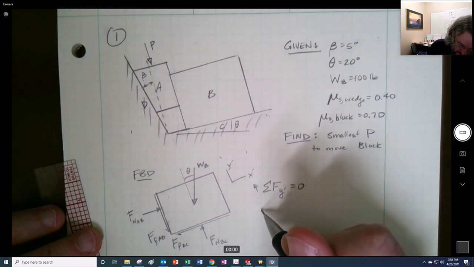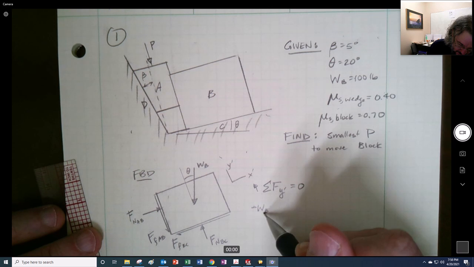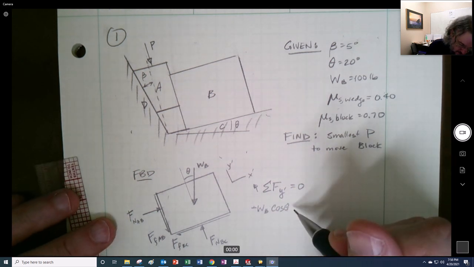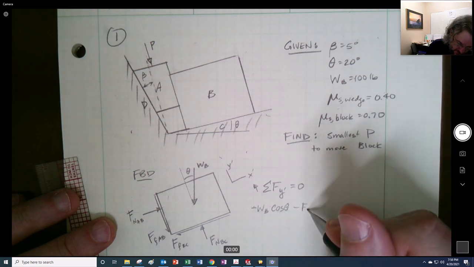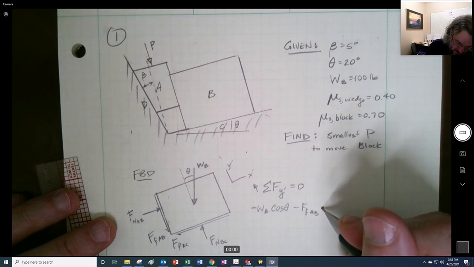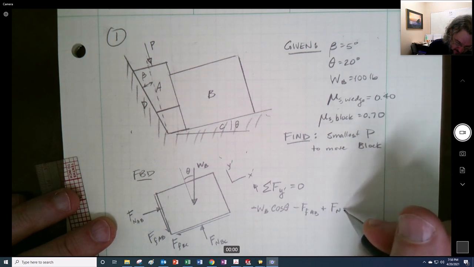In the Y direction, thinking out loud here, we get negative WB times the cosine of theta, a negative F AB and a positive F NBC.